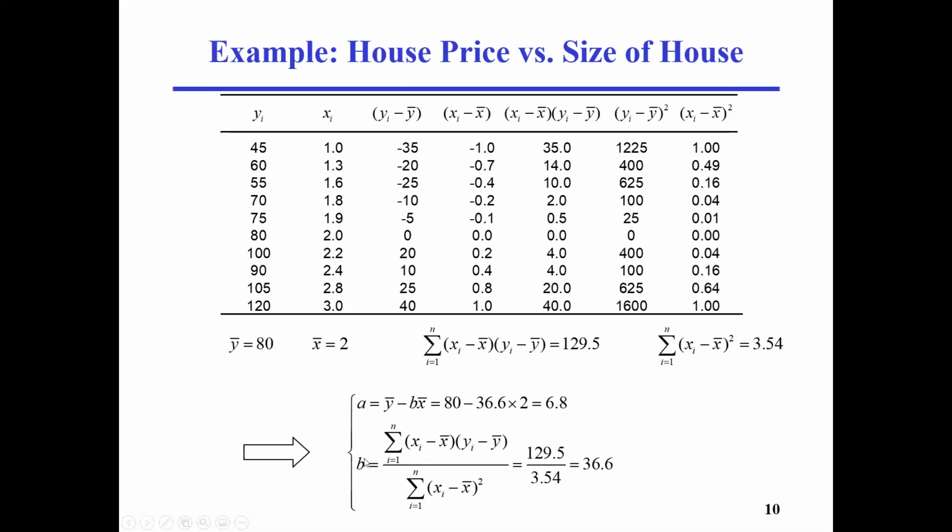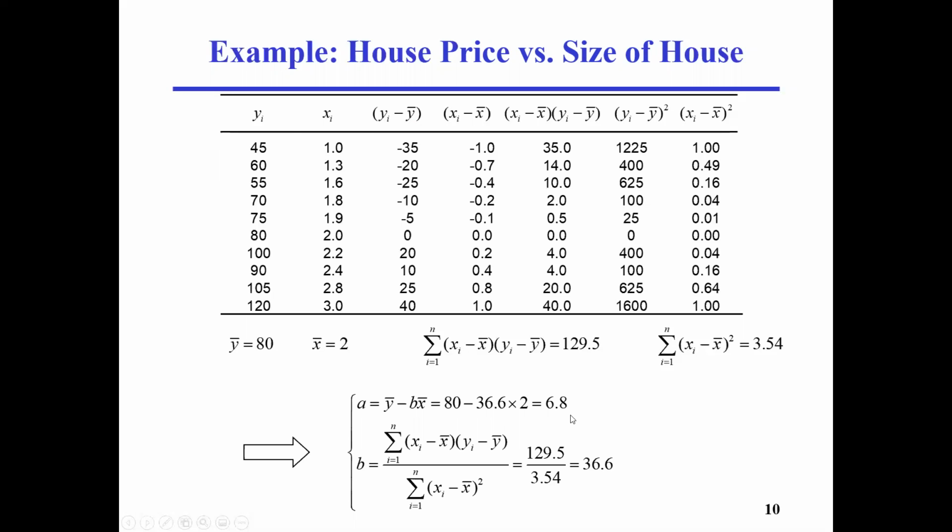I'll just jump to the conclusion. Here B, the slope, is 36.6, and A, the intercept, is 6.8.